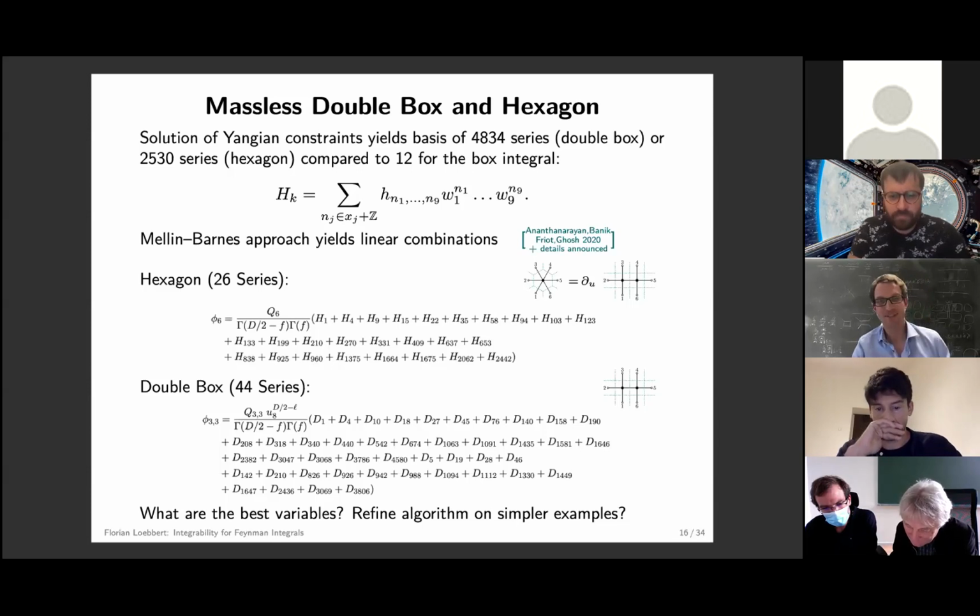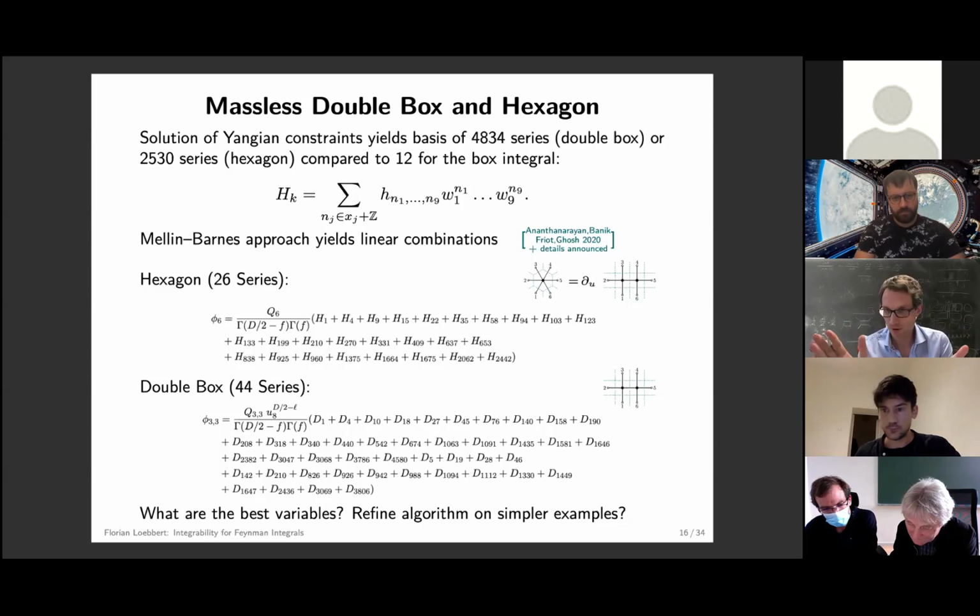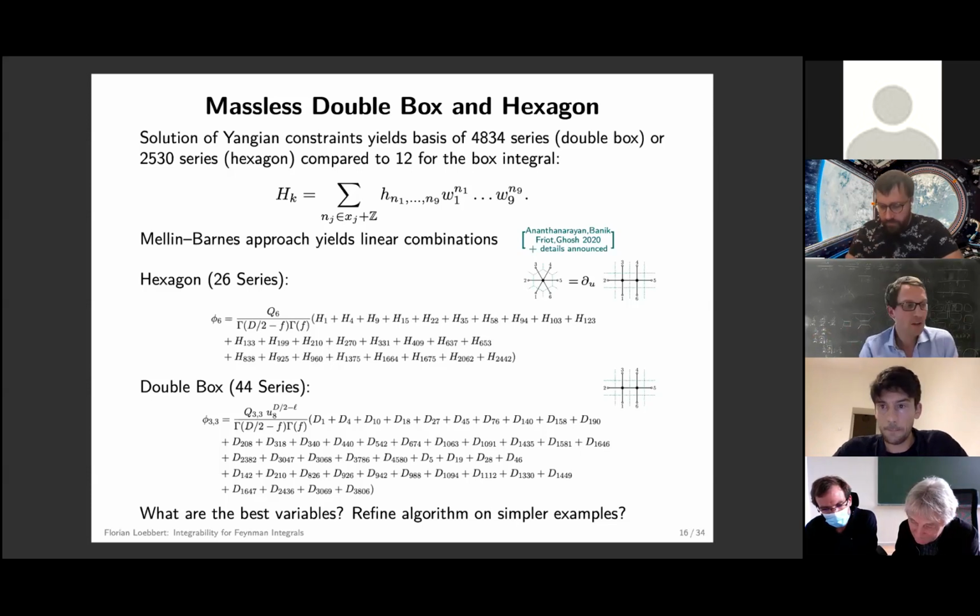Okay, so we've seen that this approach leads to some formal solutions of the Yangian equations also in the 6-point case, but to fix this linear combination seems a bit too hard from this perspective, which means that to go from 2 to 9 variables is too big a step, and it would be better to refine this algorithm on simpler examples where maybe we can better tune the number of variables.